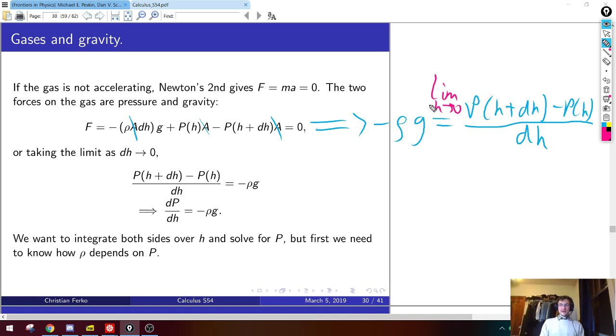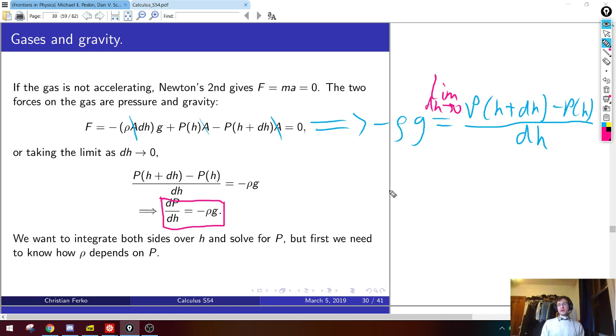So I have massaged this to make the right-hand side look like a derivative, and indeed, if you take the limit as dh goes to 0, that thing turns into exactly the derivative of the pressure function with respect to height, h.